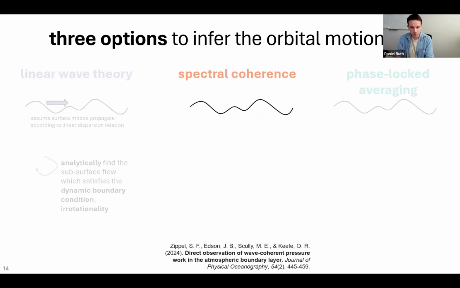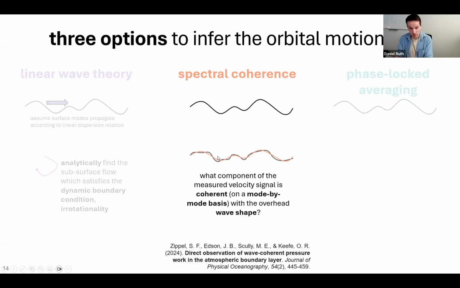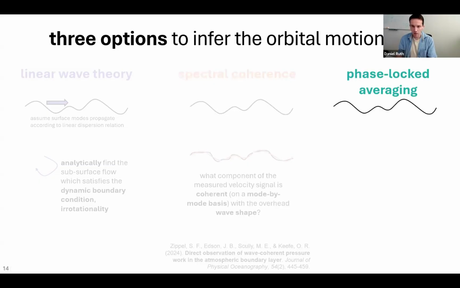The second approach that we've used is the spectral coherence method, which is described in this paper from Zippel et al. And the idea here is that we're going to spectrally correlate the surface elevations to the velocities at some depth beneath the surface. And then we're going to recover what part of this velocity is coherent with the surface and call that the orbital velocity.